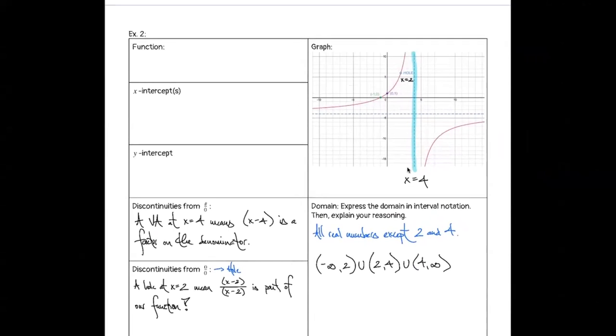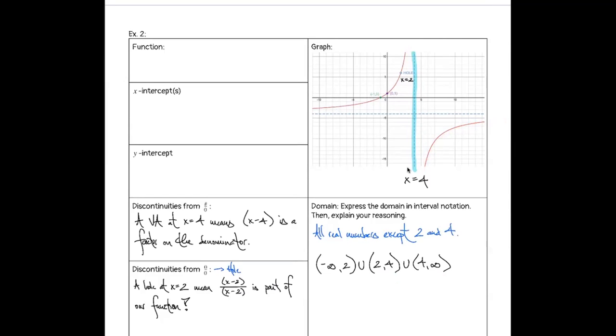All that says is this negative infinity to 2 means this chunk of the graph right here. The 2 to 4 means this chunk. And then the 4 to infinity, that means this last piece. Okay, so you're just describing the different pieces of the function. That's really excellent work.